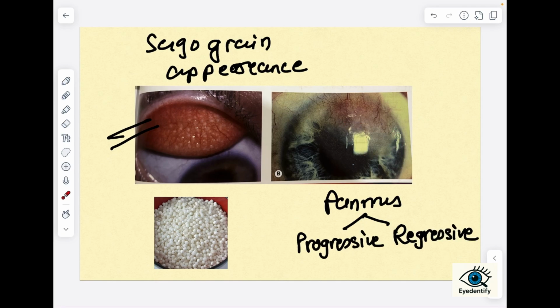If the infiltration is ahead of the vessels, it is called a progressive pannus. And if the vessels are in front of the infiltration and the infiltration is behind, it is called a regressive pannus. So it is only defined by infiltration.